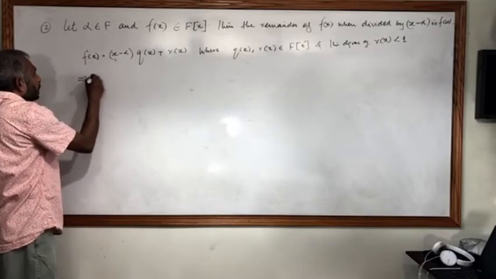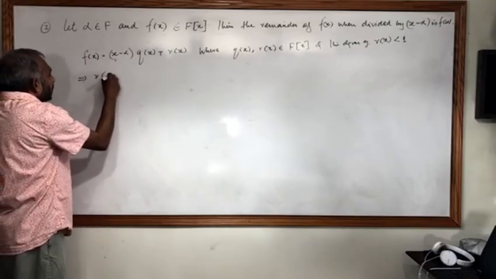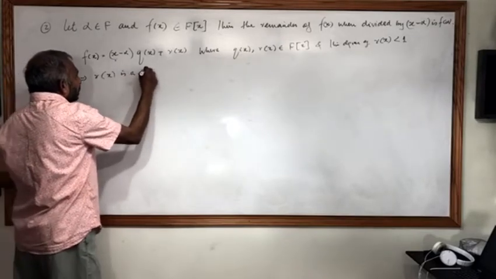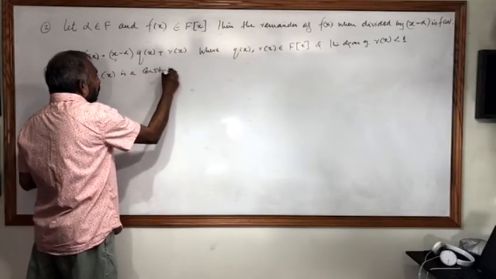And that means r(x) is a constant polynomial.